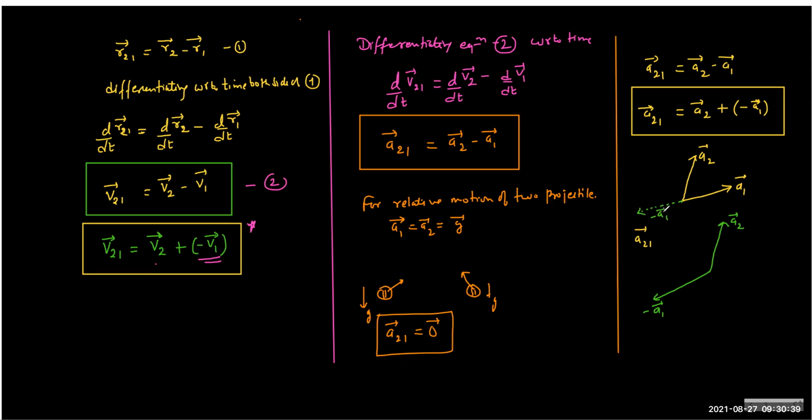And because you reverse the direction, the resultant of A2 and minus A1 is the answer. So if I draw the parallelogram, we know how to draw the resultant from the chapter on vectors. And if you don't know, go and revise it. It's very important now for this chapter. So the pink arrow is the A21. Now this is difficult to realize.